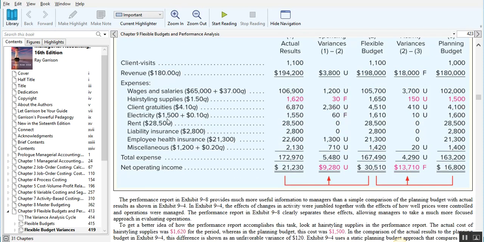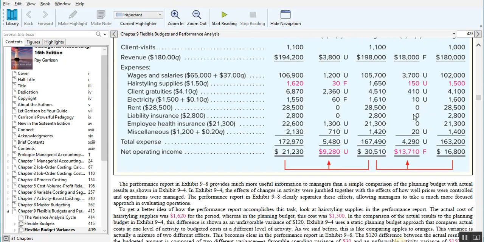And likewise, it turns around the other way. When you look at gratuities, you see you have a much larger unfavorable variance based on spending than you do based on activity.